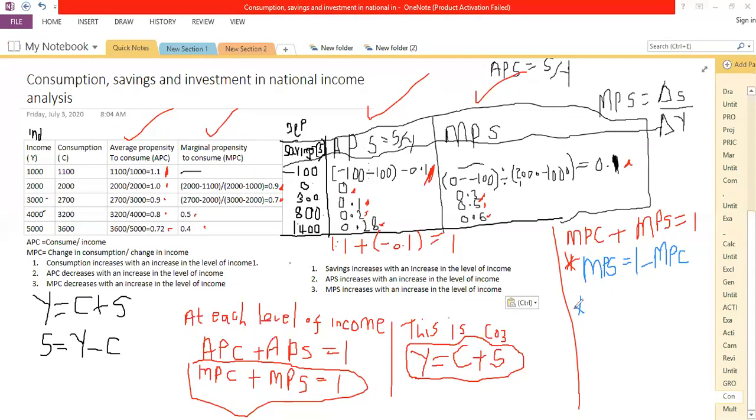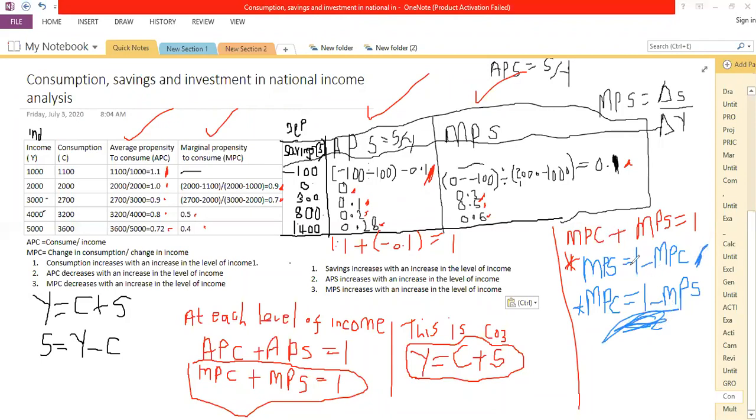Again, point 2, you can note this: marginal propensity to consume can always be given by 1 minus the marginal propensity to save. If, let's say, you have the MPS, you can still find the MPC. And it's a common kind of question that comes in between these two.